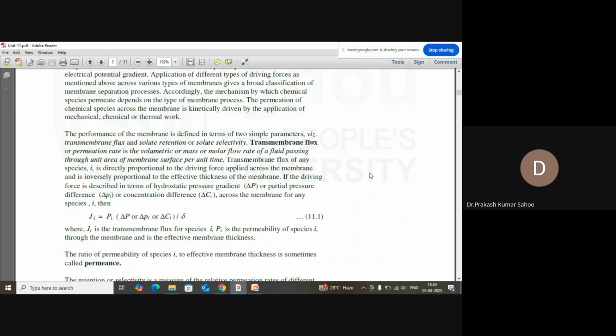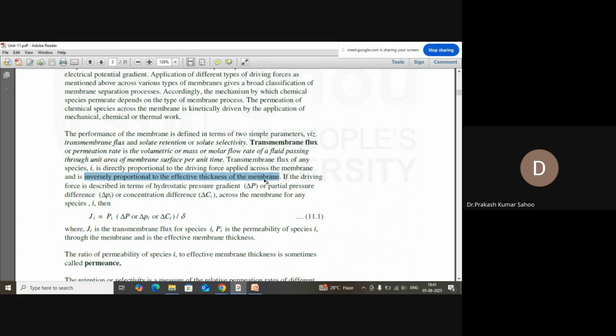And if the driving force is described, it is also inversely proportional to the thickness of the membrane. If the membrane is of small thickness, then the membrane flux is higher, and if the thickness is more, then your transmembrane flux is lower.